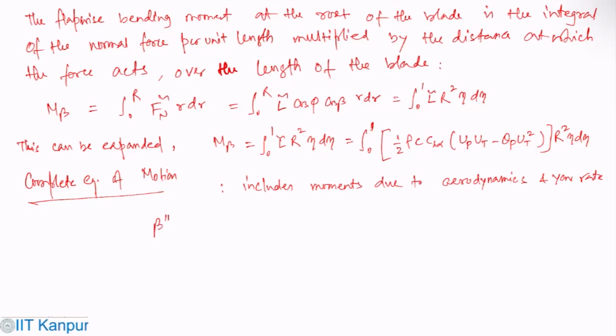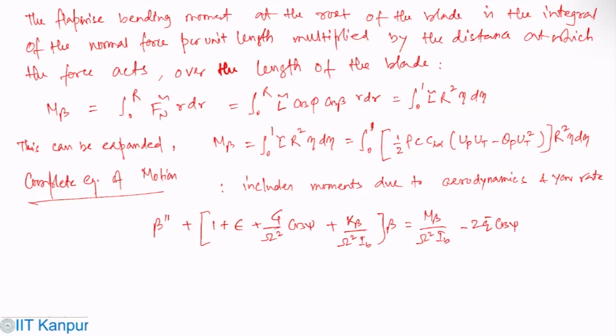So it is beta double prime plus (1 plus epsilon) g by omega square cos phi, k beta by omega square Ib beta, equals m beta by omega square Ib, cos psi.